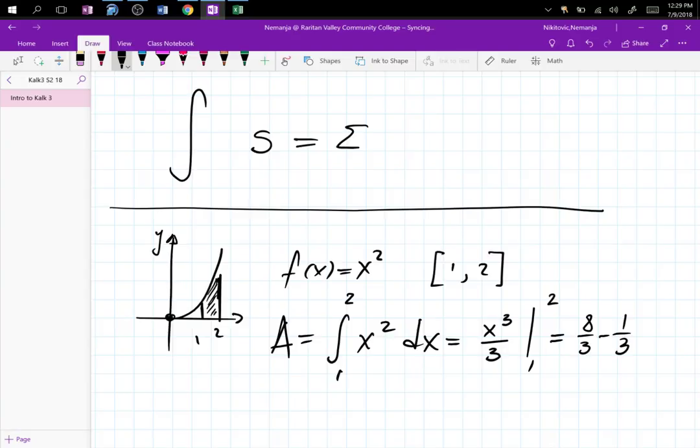It's just numbers. So we have a way to compute area under the curve.